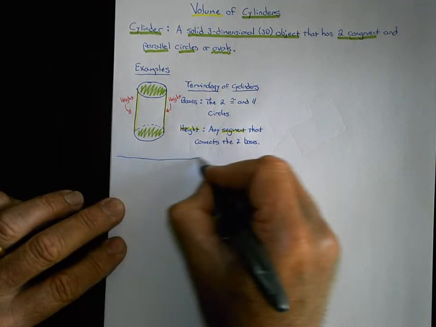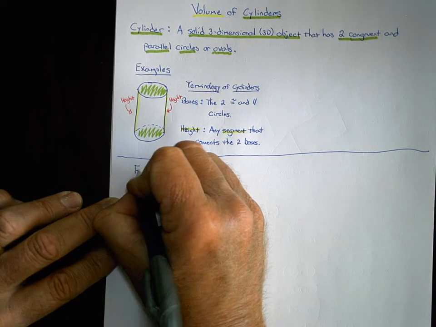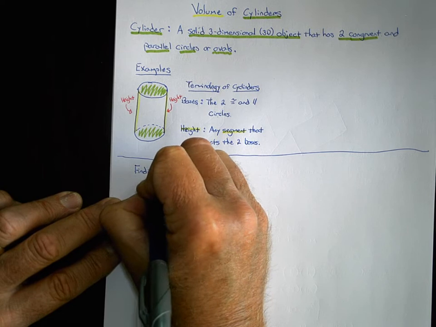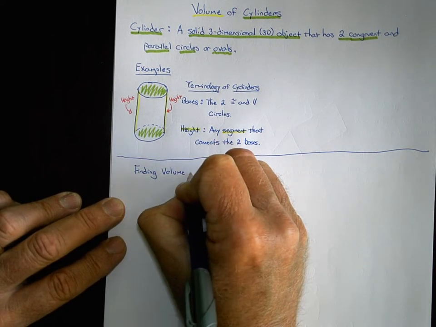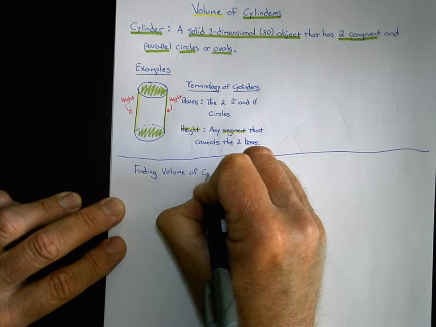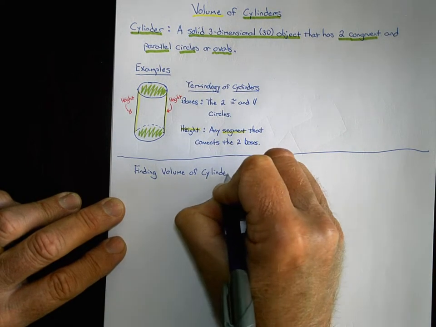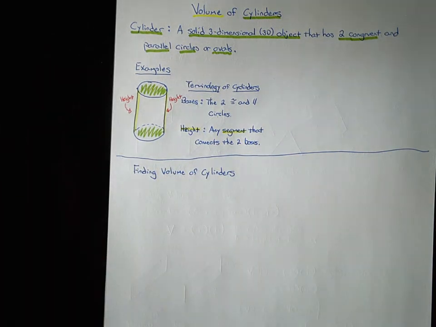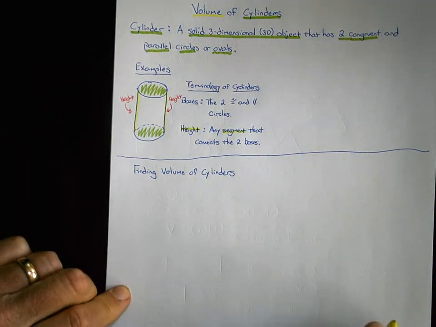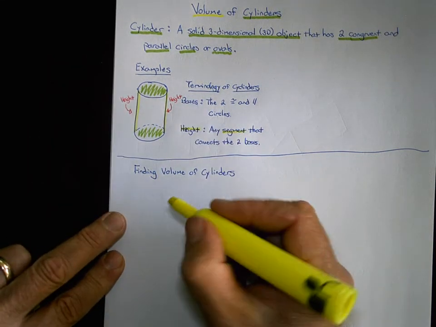And so now let's go over how you find the volume of a cylinder. Recall that when you're asked to find volume of any solid object, you're figuring out how many cubic units can fit inside this object.